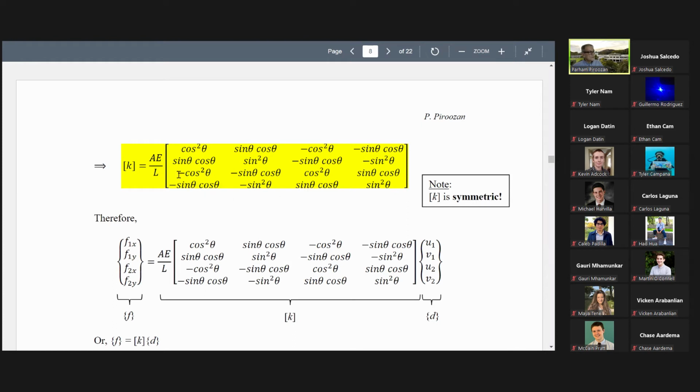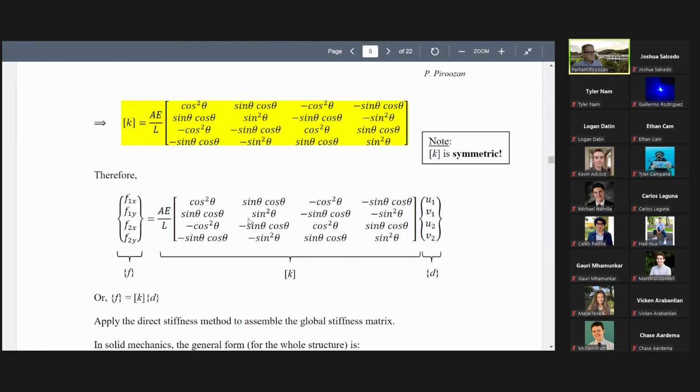Tell me, put the numbers here. FEMAP works with numbers. So use this one for element 1, AE over L, and these terms. Tell me what you get for element 1. First, tell me AE over L. This factor, keep it outside.